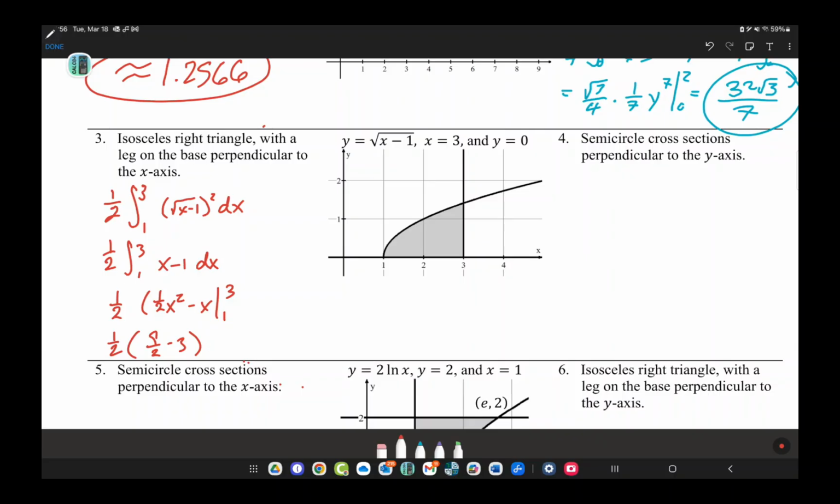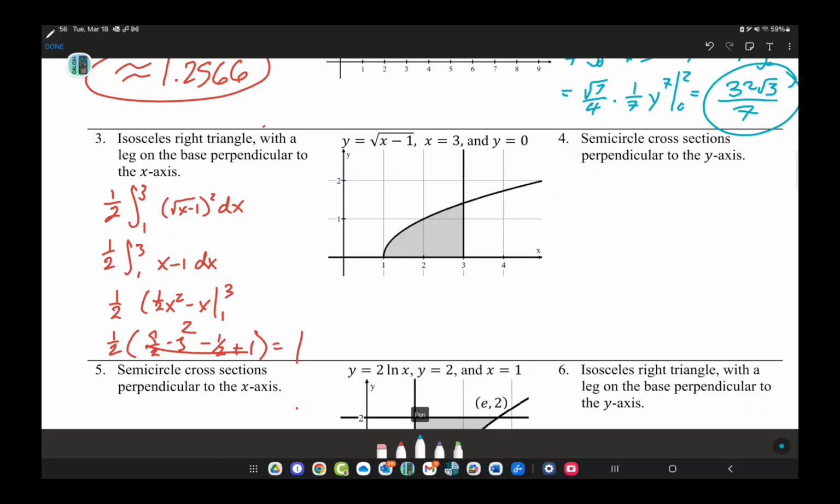Plug in 1, we get negative 1/2 plus 1. So 9/2 minus 1/2 is 4, and 1/2 of 2 is 1. So yeah, that's it. Now the other one isn't as nice as this one.